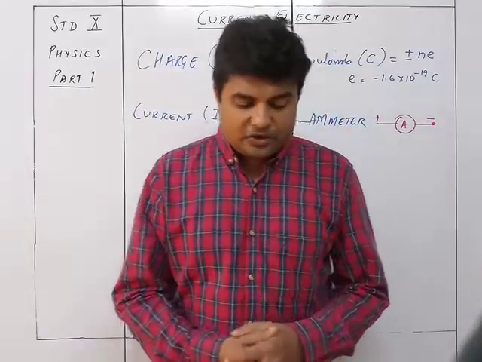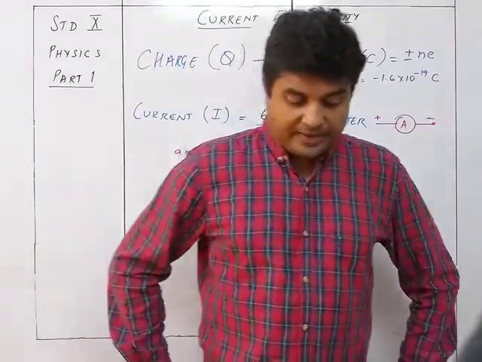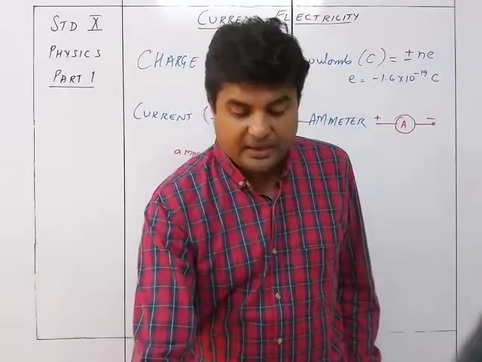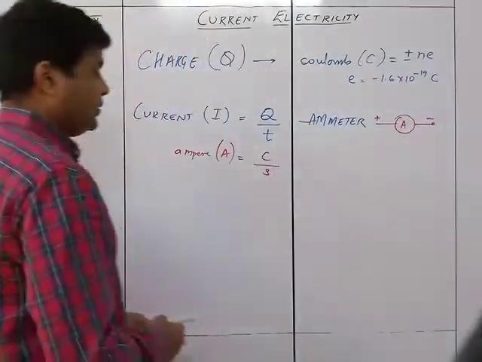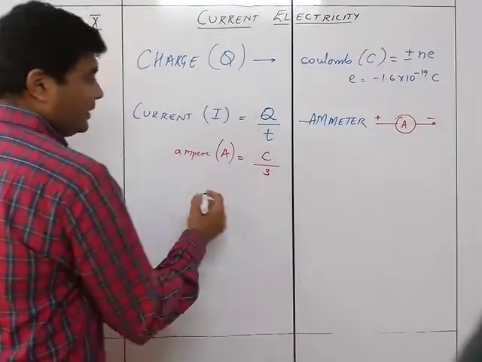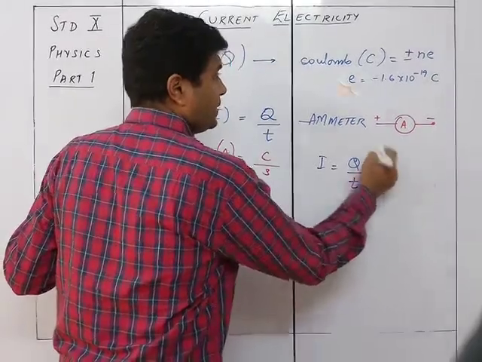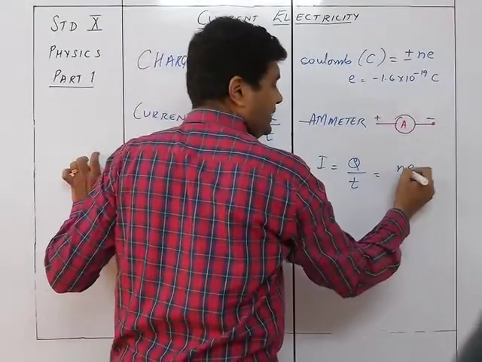If n electrons pass through the cross section of a conductor in time t, then the total charge passed through the conductor is Q equals Ne, and the current in the conductor will be I equals Q upon t, which equals Ne upon t.